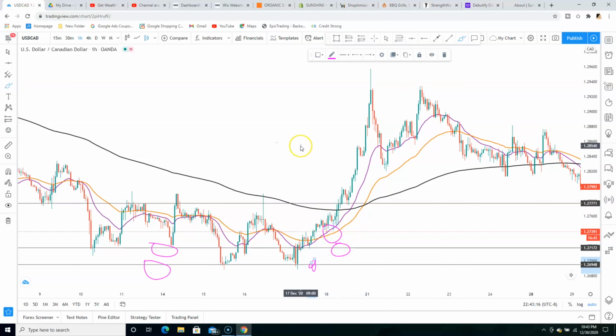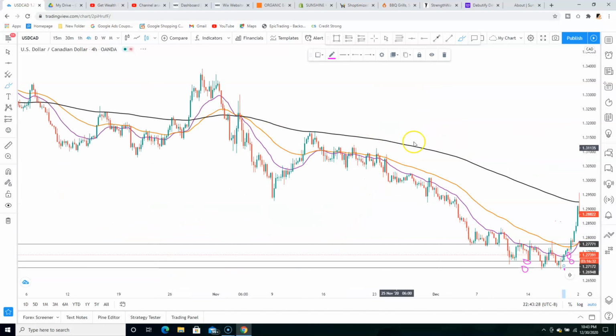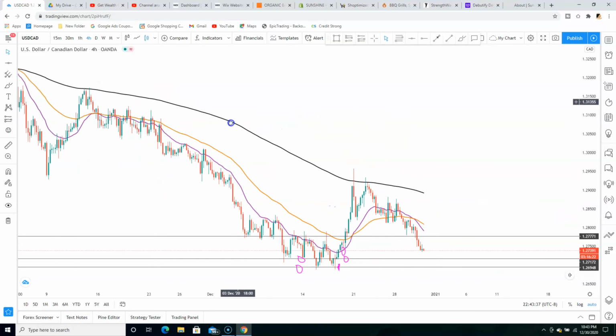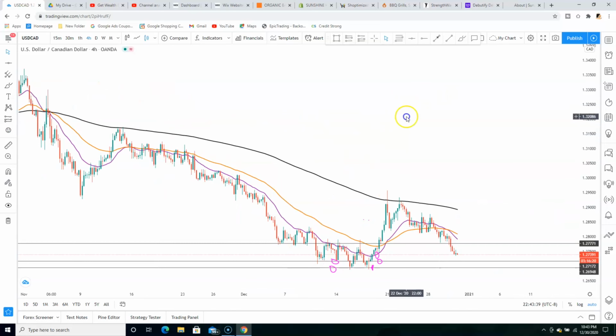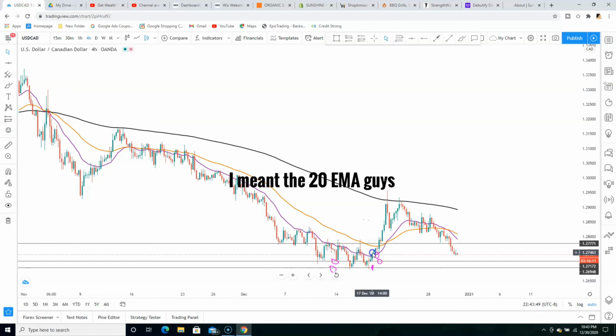But at the same time, because price is still below the 200 EMA, you have to make sure that you go to your 4-hour time frame for your confirmation. Sorry, guys. Now, as we can see right here, price is absolutely above the 200 EMA.